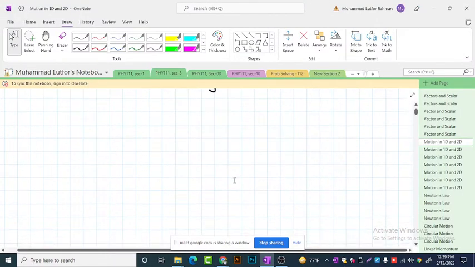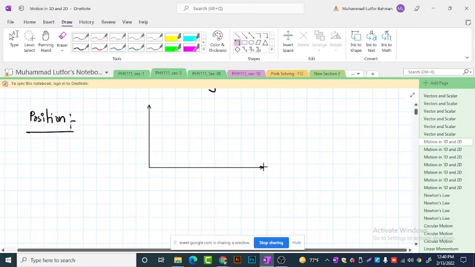To explain the kinematics of the particle, we have to introduce some parameters. First I am going to talk about position. Position is the location of a particle at a particular time. Say you have a Cartesian coordinate system, with this as the x axis and this as the y axis.